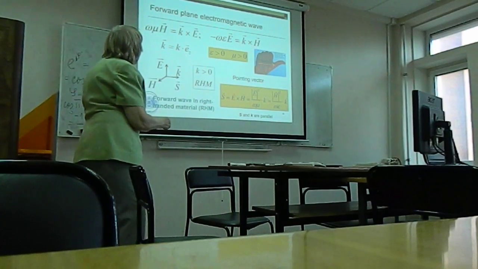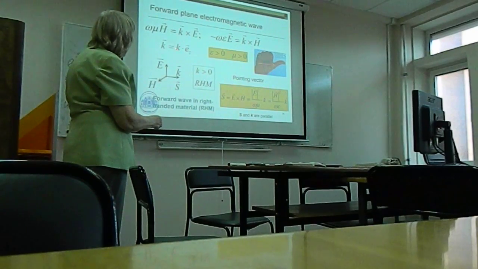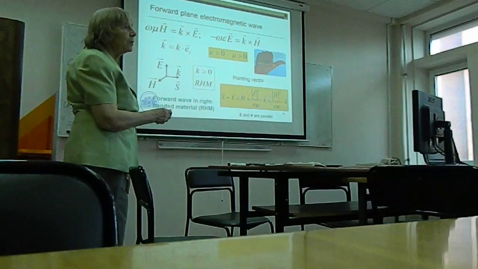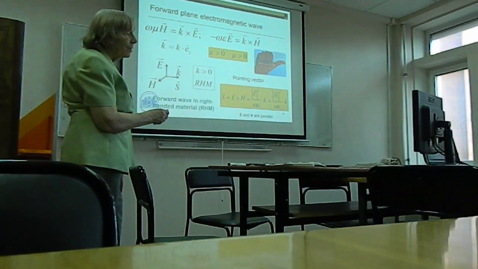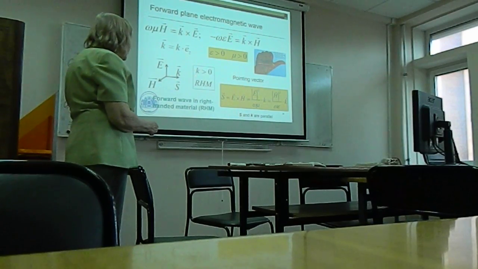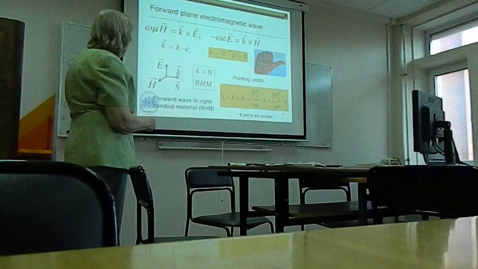If you use this vector form, K is the vector along the z direction, because the direction of K corresponds to the wave propagation direction.